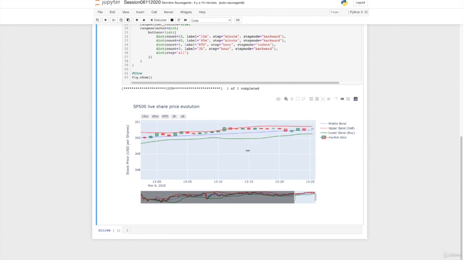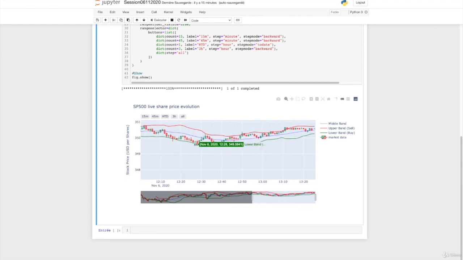Based on the evolution, we don't have any indication if the price is going up or going down. But if we were at this moment, we can easily see that at 12:32 the price on the market was going to go down, and at 12:36 the price was going to go up.